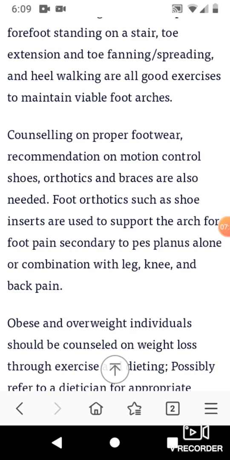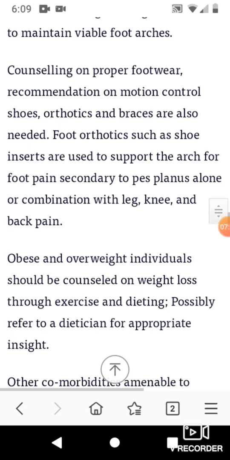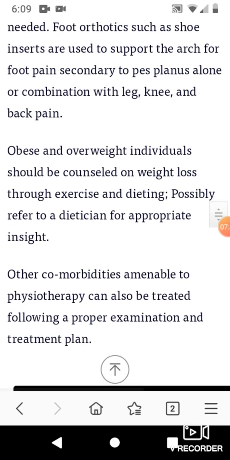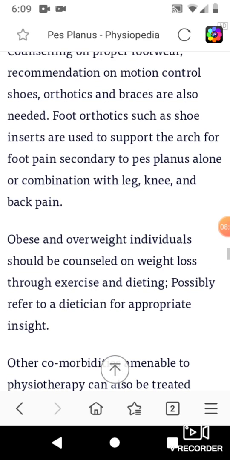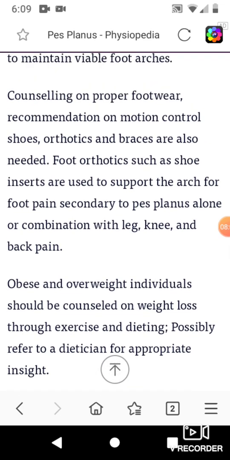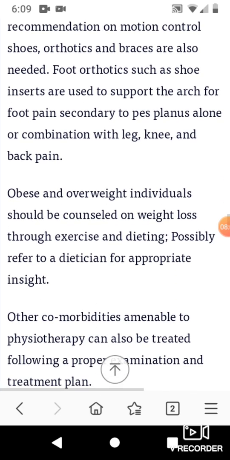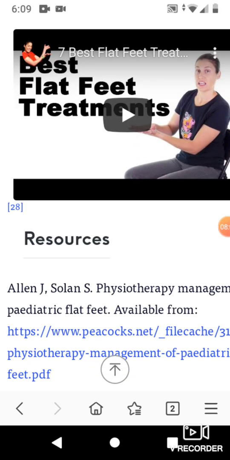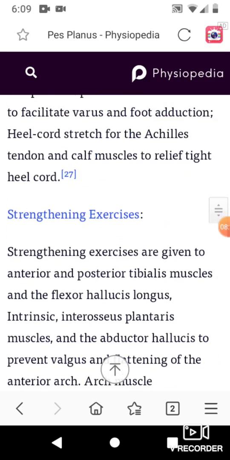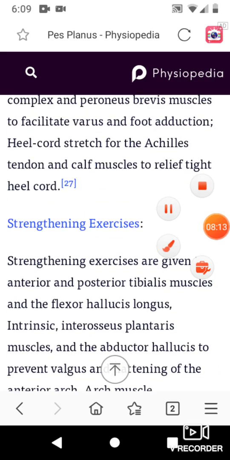We need to support the foot medially with orthotics, and a Thomas heel is used as orthotics. So this is all about pes planus, the flat foot.